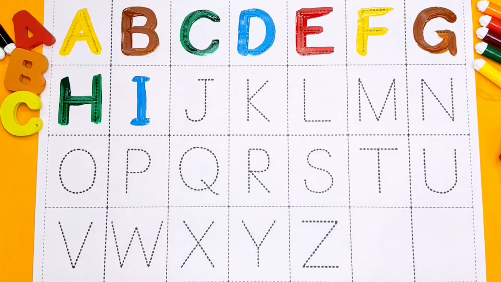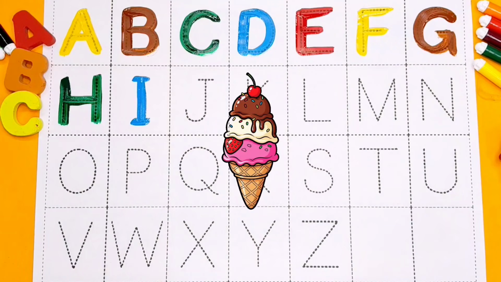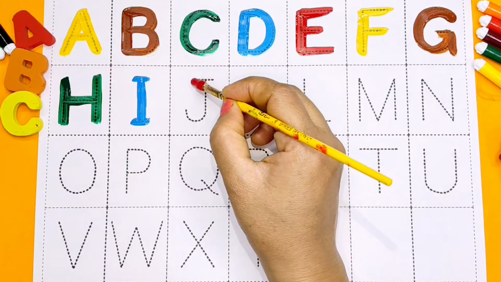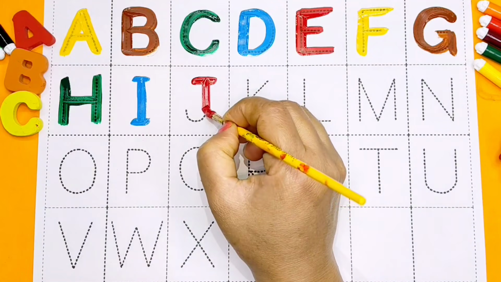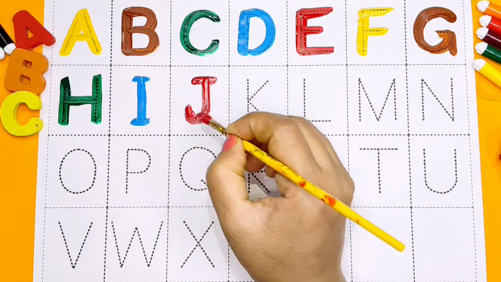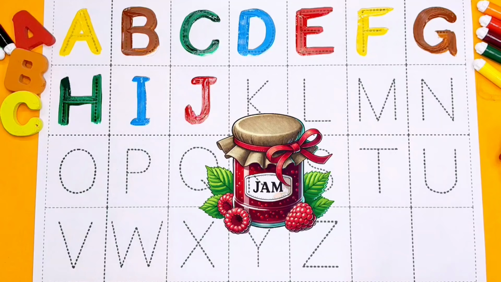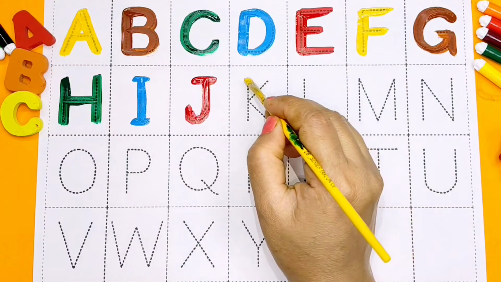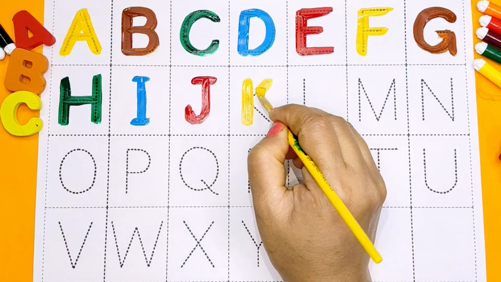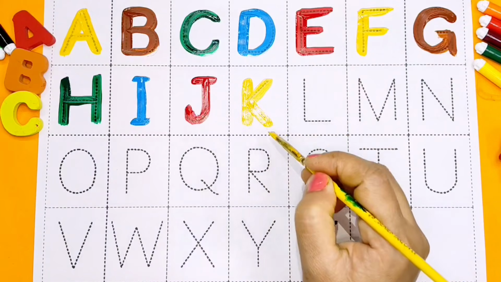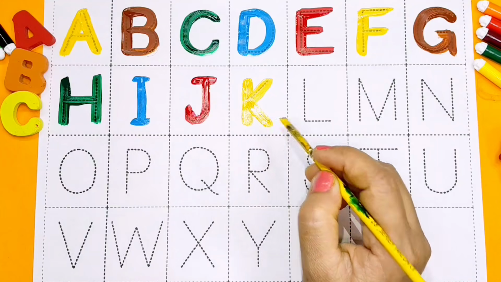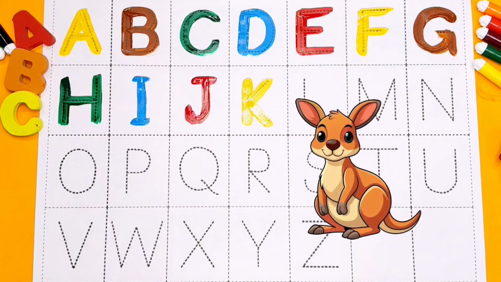I for ice cream. Red color. J for jam. Yellow color. K for kangaroo.